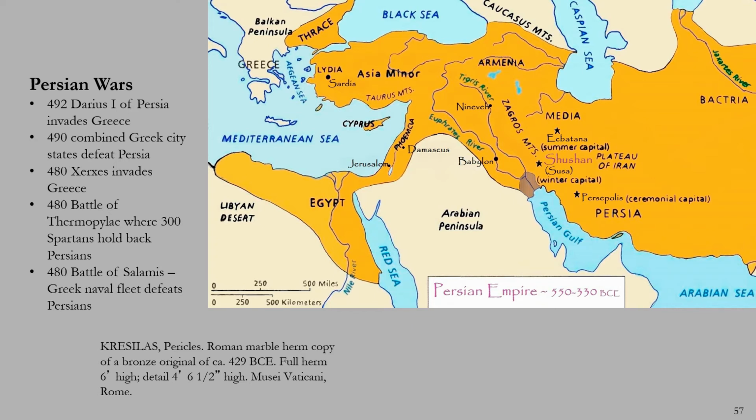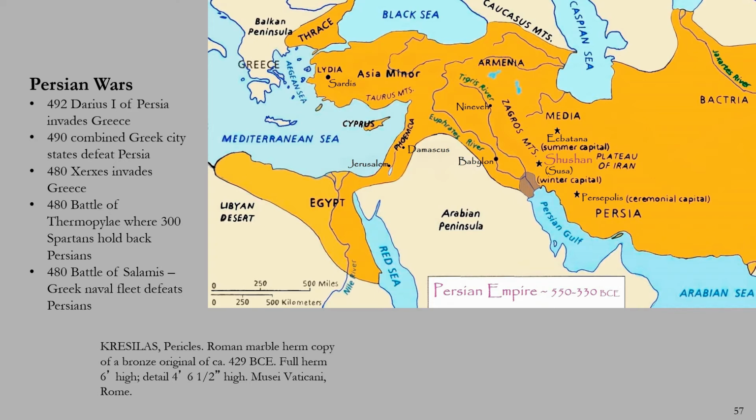So in 492, Darius of Persia invades Greece. In 490, in the Battle of Marathon, the combined Greek city-states defeat the Persian Empire and send them back. Ten years later, Darius' son Xerxes invades Greece again.